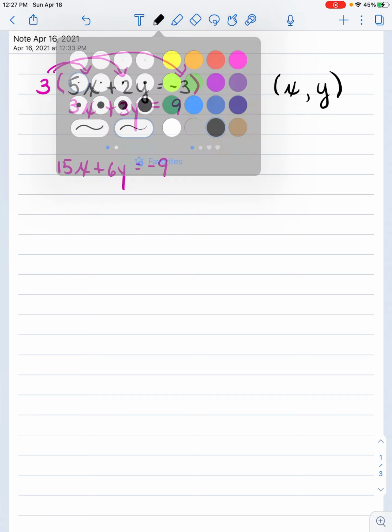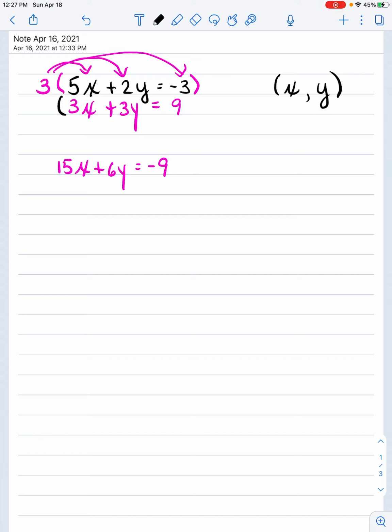Now, I'm going to multiply the second one. Instead of multiplying it by 5, I'm going to multiply it by negative 5, so that the variable that I want to cancel out is going to have the opposite coefficient. That way I can just add the equations instead of subtracting. So I'm going to multiply this by negative 5.